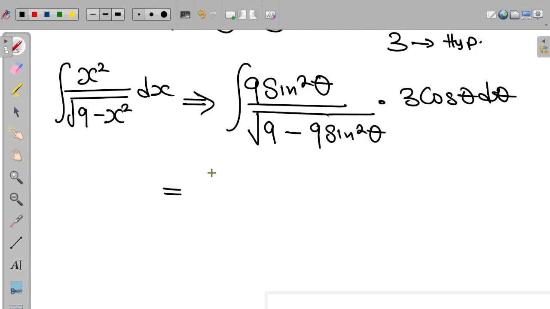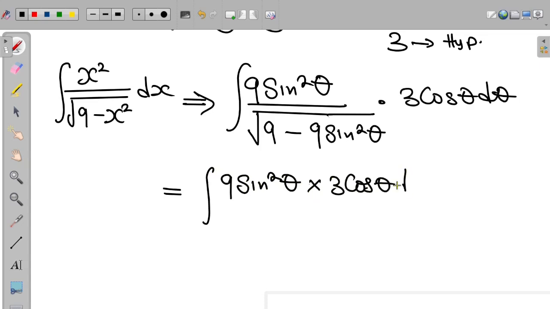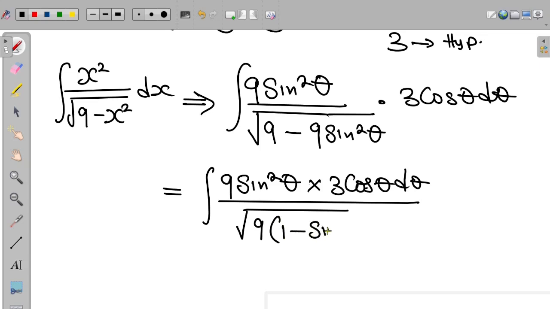So this becomes the integral of 9 sine squared theta multiplied by 3 cos theta d theta, all divided by root of 9, open bracket, 1 minus sine squared theta.